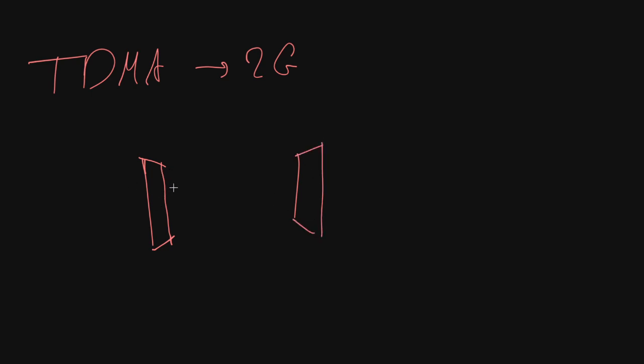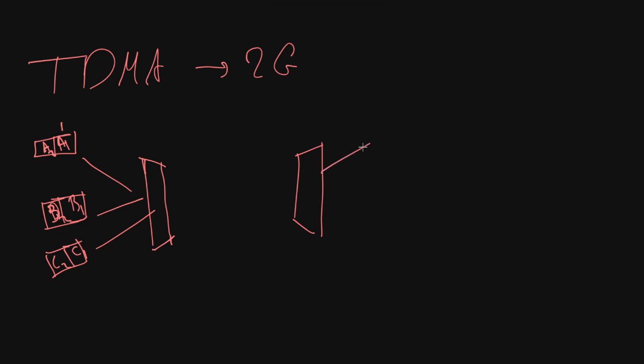Let's say this is 1, 2 and 3. Sender 1 is going to send multiple packets, multiple segments, and the others are also going to send multiple segments. Let's name them A1 and A2, B1 and B2, C1 and C2.